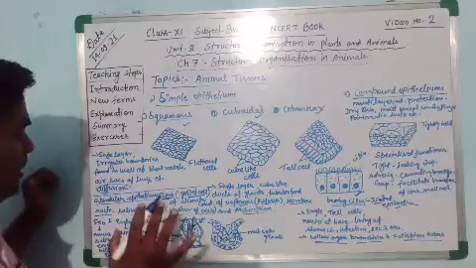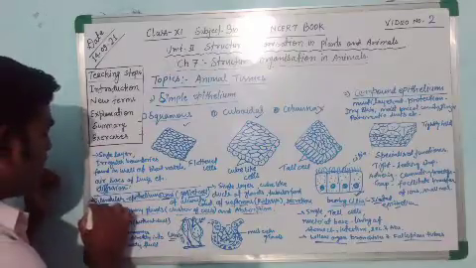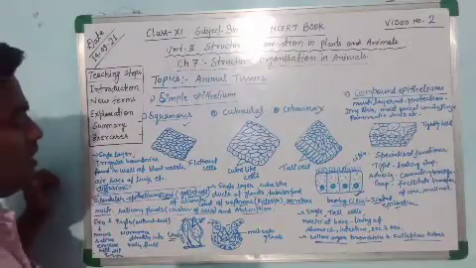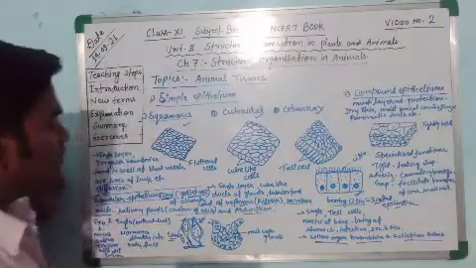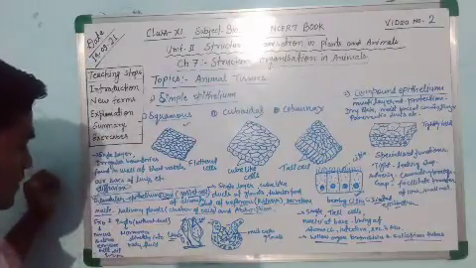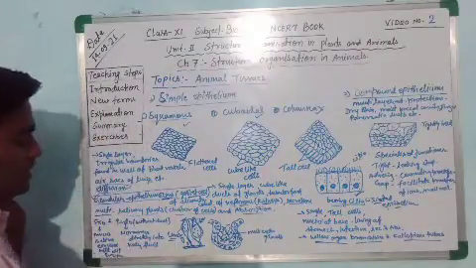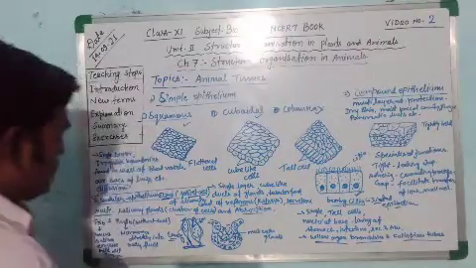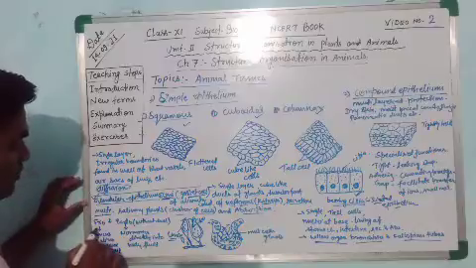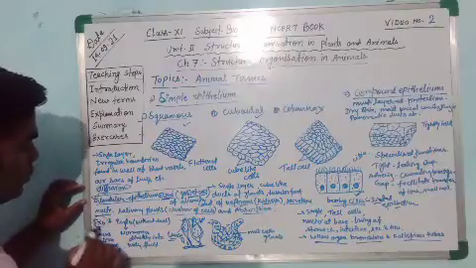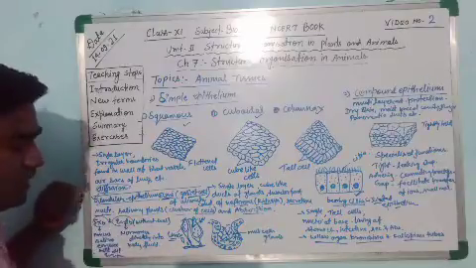So the epithelial tissue also forms glands which help in the secretion of substances. On the basis of secretion and pouring of enzymes and hormones, they are of two types: exocrine glands and endocrine glands.